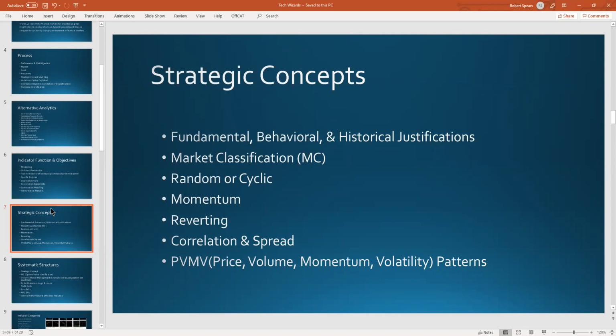PVMV, which is price, volume, momentum, volatility patterns. This is also used more so within market classification methods.